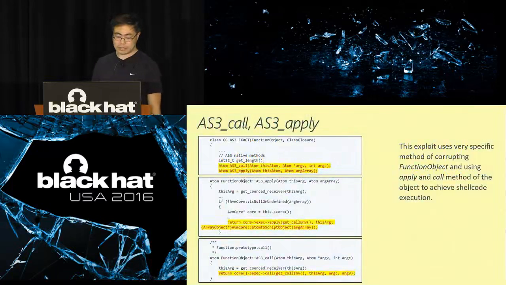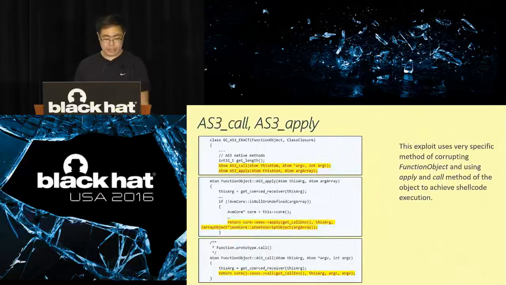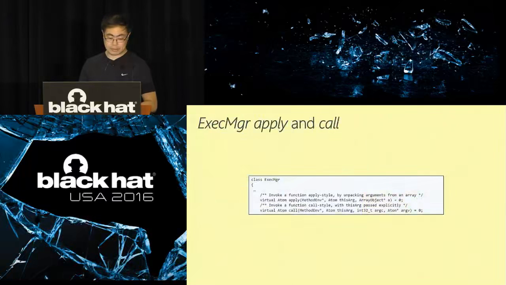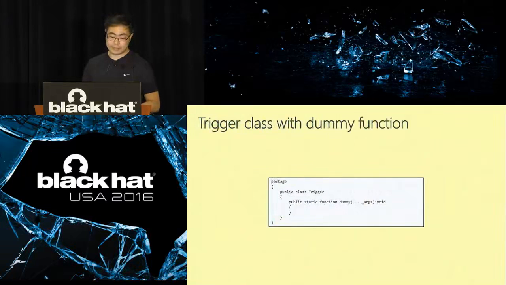And the technique is very straightforward here. There is some function object, and it has some internal call table for the apply and call methods. And there is also the dummy method here.